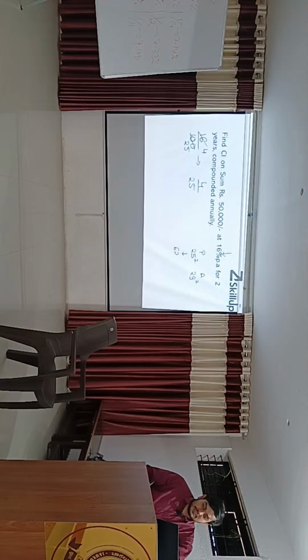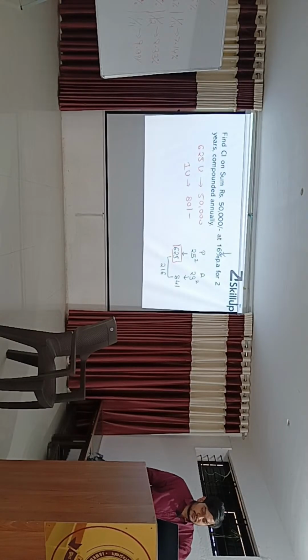That is 625. 29 square is 841, the difference is 216. Ignore 625 units, this is given in the question. 625 units equals 50,000, 1 unit is 80 rupees.